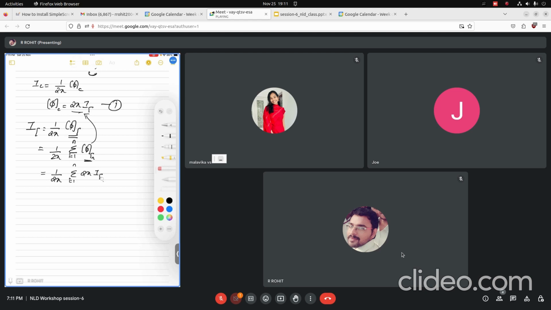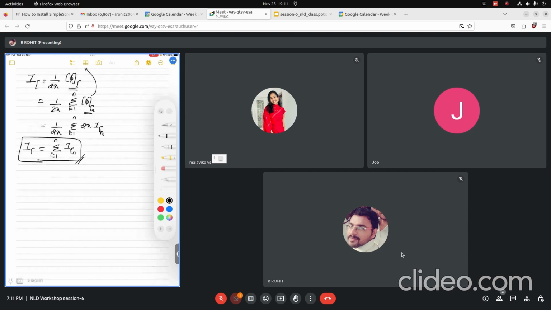So sorry, this is n, we will write n. So this means the index of the reduced curve is nothing but the summation of the index of each fixed point. So your total curve will be nothing but I1 plus I2 plus I3 plus I4.